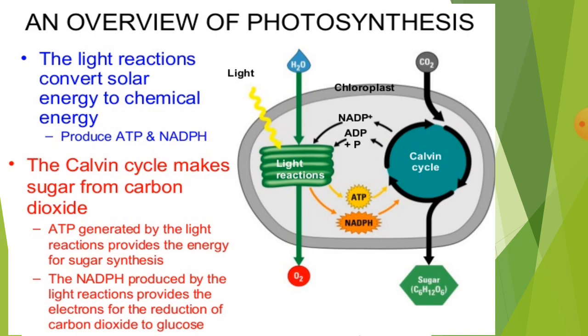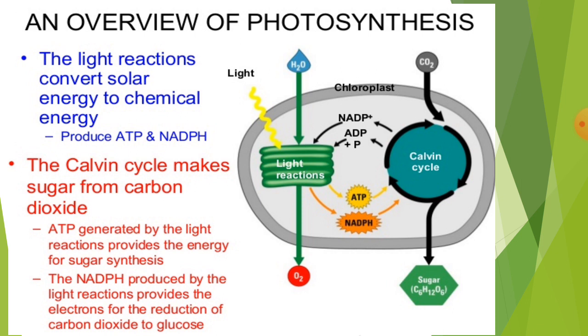Here is an overview of photosynthesis. The light reactions convert solar energy to chemical energy. And what are those chemicals? They produce ATP and NADPH, and these both are energy compounds, high energy molecules. The Calvin cycle, which is the dark reaction, makes sugar from carbon dioxide.